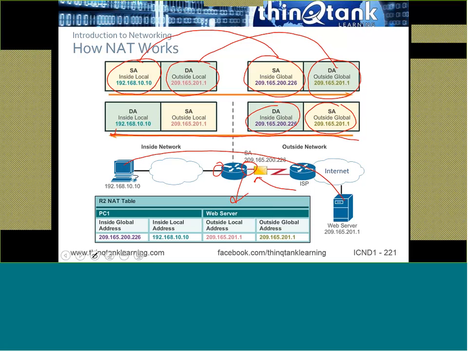Those two addresses match an entry in the table, so the translation takes place and the source address stays the same, of course. The destination address becomes inside local. All right? And this happens in real time, dynamically.